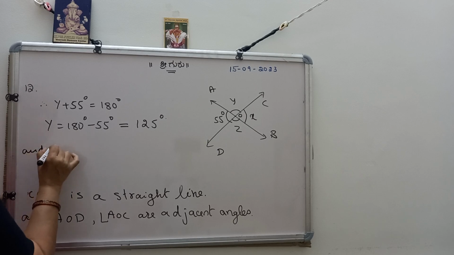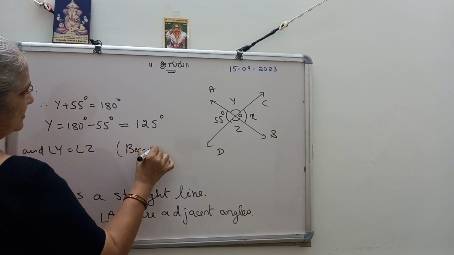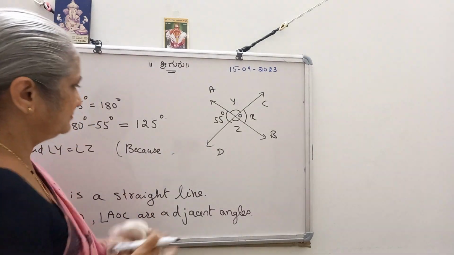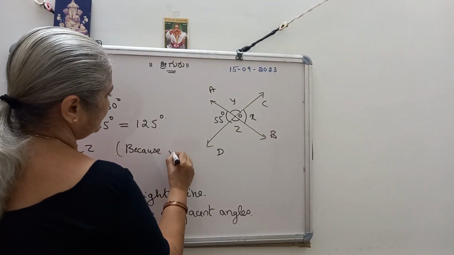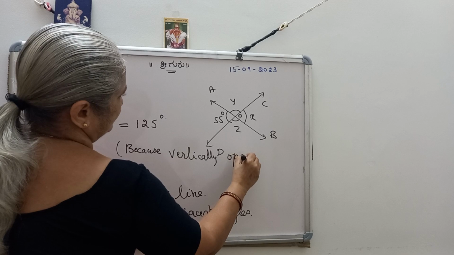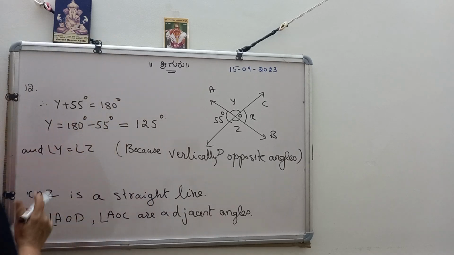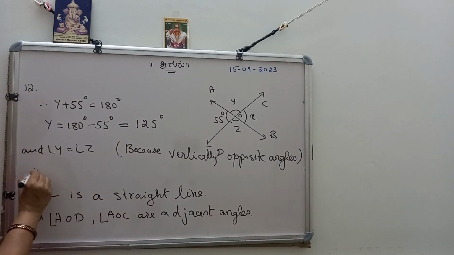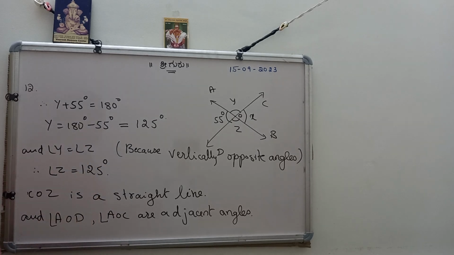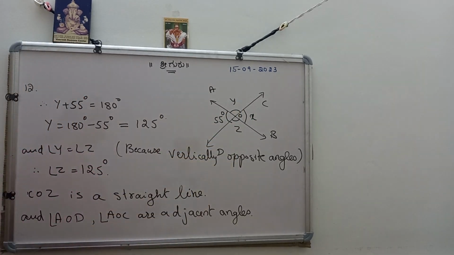And angle y is equal to angle z, because they are vertically opposite angles. But angle y is equal to 125 degrees, therefore angle z is equal to 125 degrees.